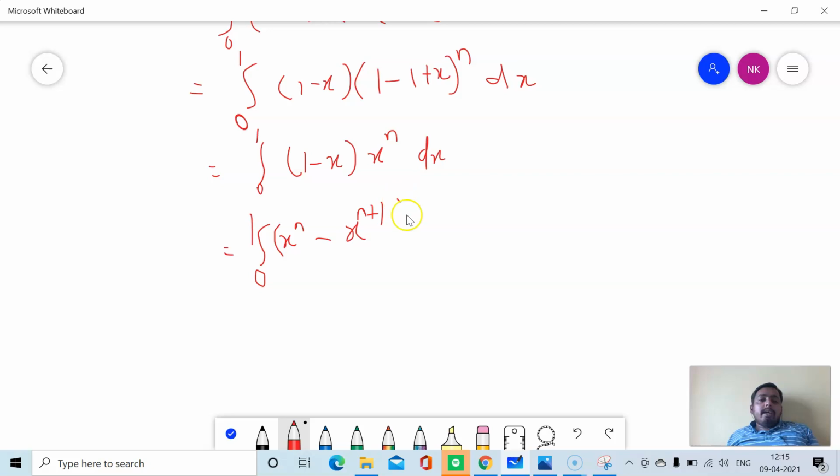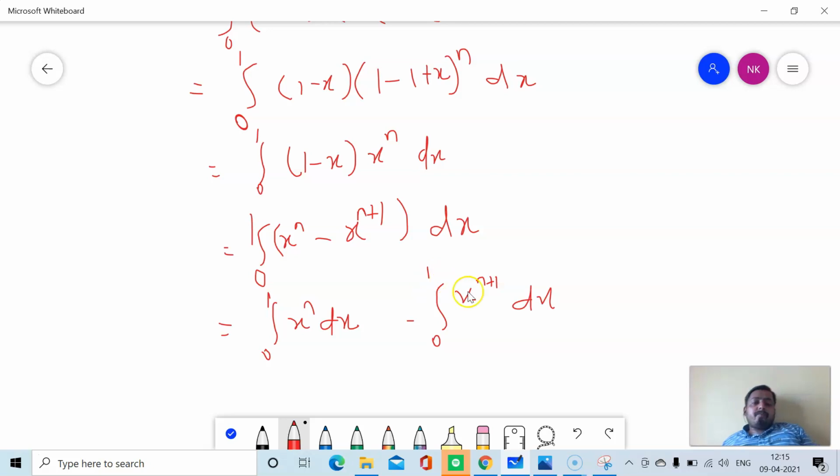X to the power n plus 1 dx is equal to integration from 0 to 1, x to the power n dx, simplifying the brackets, minus integration of x to the power n plus 1 dx from 0 to 1.